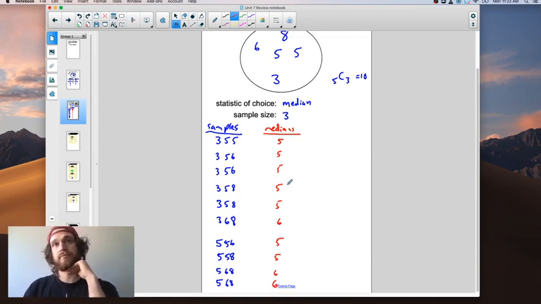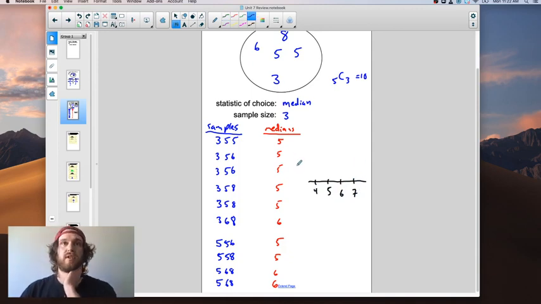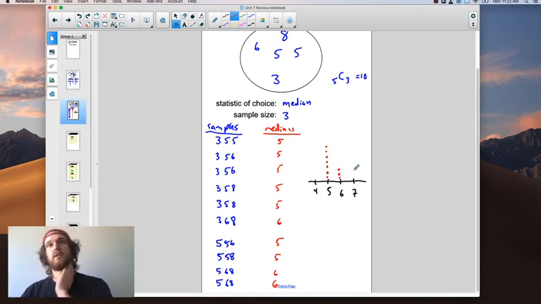So the sampling distribution of sample medians, oops, let's try that again. It's going to look like this. So 4, 5, 6, 7. It looks like there's 1, 2, 3, 4, 5, 6, 7 5s. And 1, 2, 3, 6. So that's what our sampling distribution looks like.